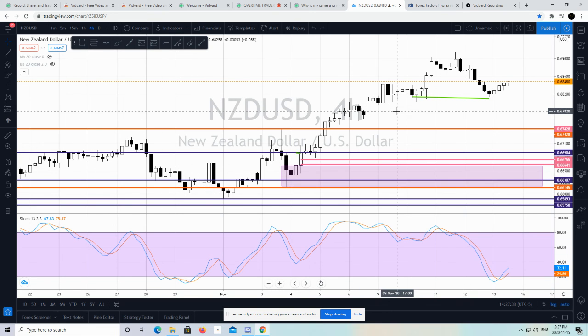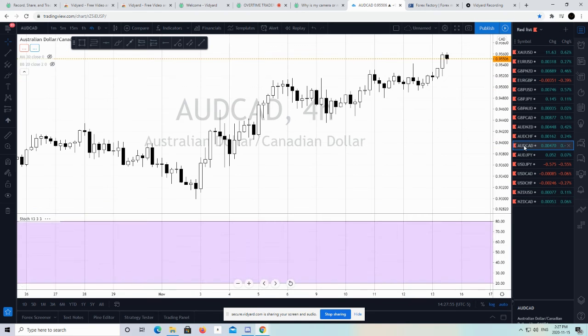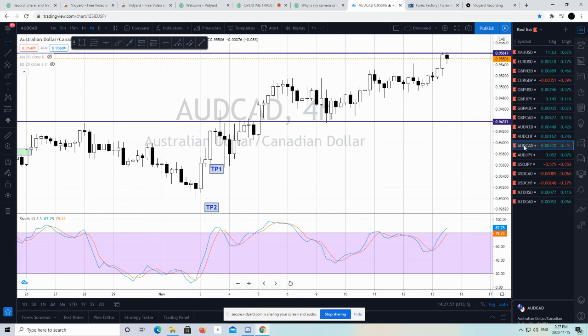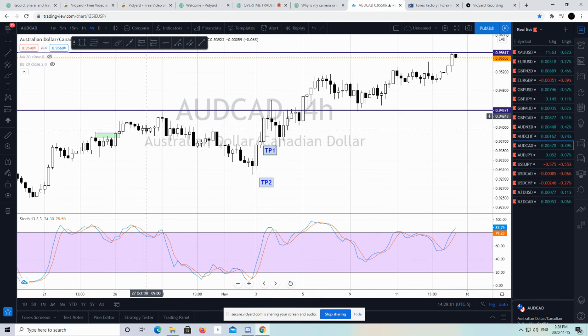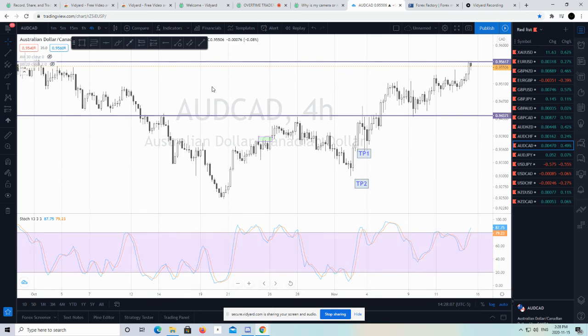Just got to keep an eye out on it, and we will see what's happening with the other pairs. Again, there's a lot of news coming out from Australia. It's going to be definitely volatile. So AUDCAD, let's see here.